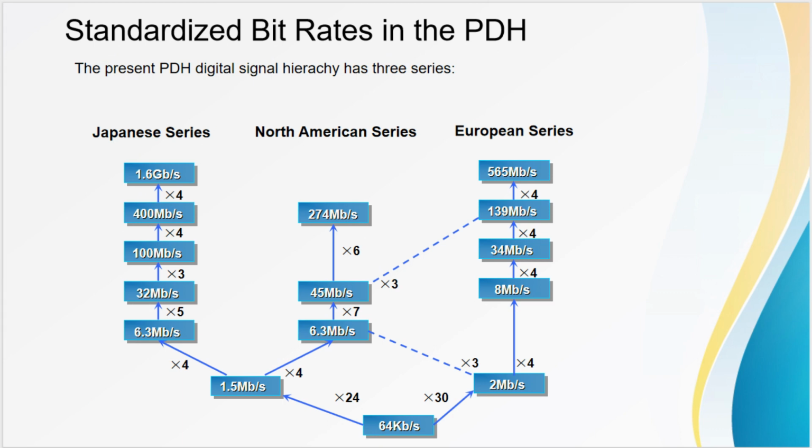These three standards have different basic rates and multiplex orders. The PDH hierarchies developed and adopted by Europe, North America and Japan use different tributaries for multiplexing and demultiplexing.